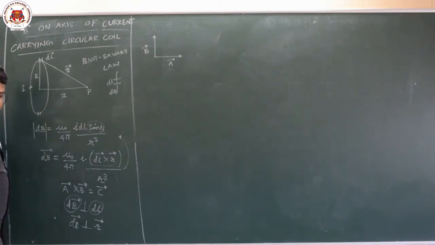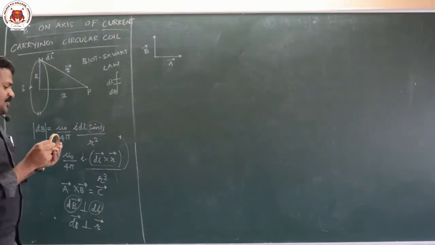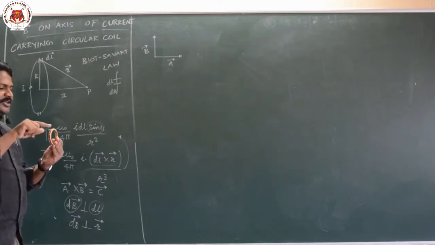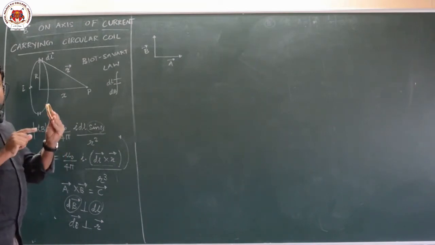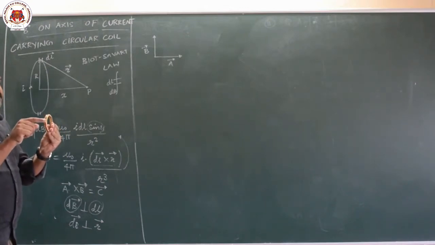So now if you take this coil like this, this is the direction of DL. So DL is entering inside. You can observe this is the coil present on the board in the YZ plane. So current is entering like this.